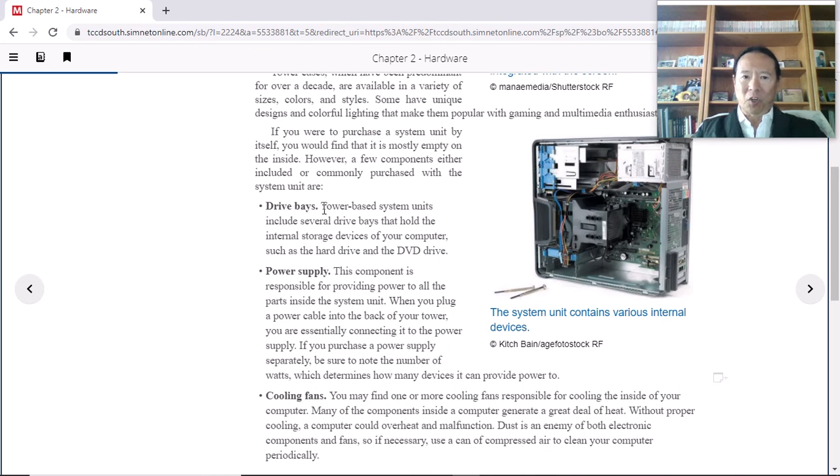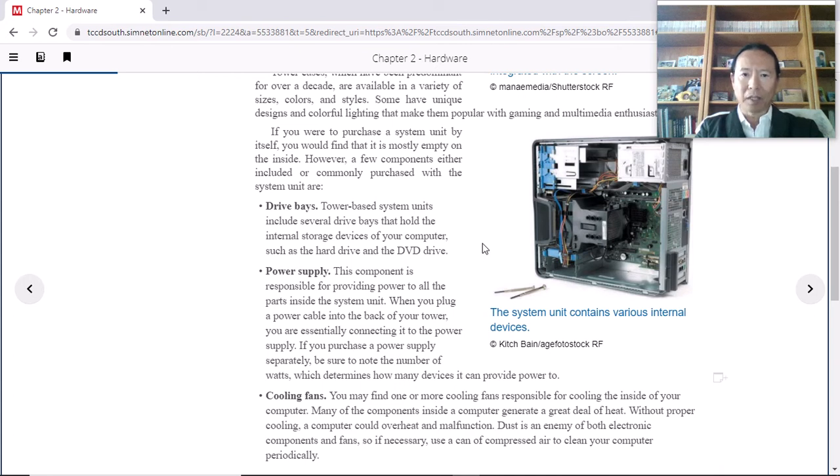Talk about some terms. They have a drive bay here, like your DVD drive. DVD, a long time ago, or used to be, if you have a notebook, it comes with a DVD player built in. You don't need to buy yourself a DVD player.